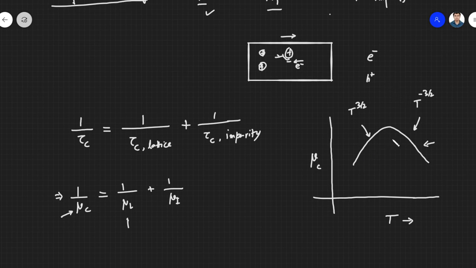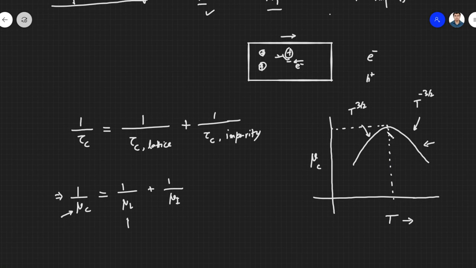For each type of semiconductor, there is an optimum temperature where you can get maximum mobility. This is very important because when you design a semiconductor, we always want the highest mobility, which will impact the conductivity, right? So for semiconductors, it is not always at room temperature that it will be the best.